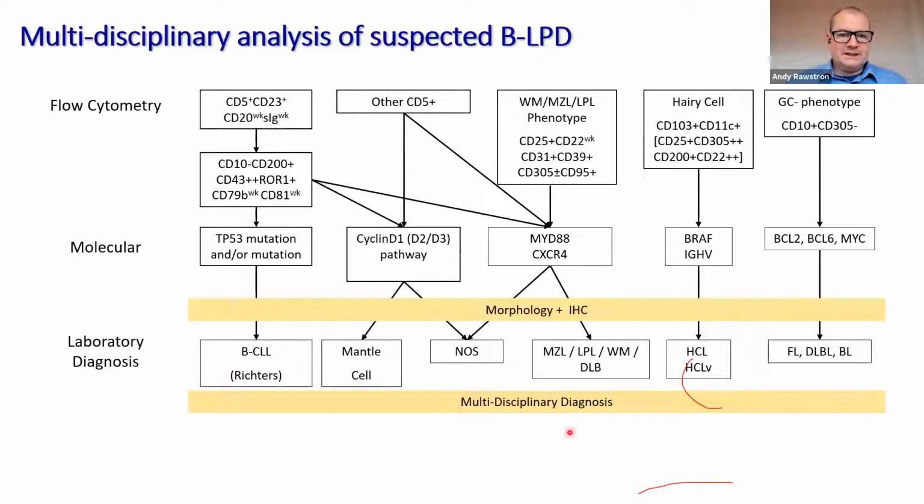What we've looked at are these types of disorders, the pathway down through typical phenotype for CLL, where we're then looking for abnormalities that may predict the type of treatment needed because of prognosis, differentiating from mantle cell lymphoma and Waldenstrom's, marginal zone lymphoma, lymphoplasmacytic lymphoma, where the final diagnosis will rest on morphology and immunohistochemistry.